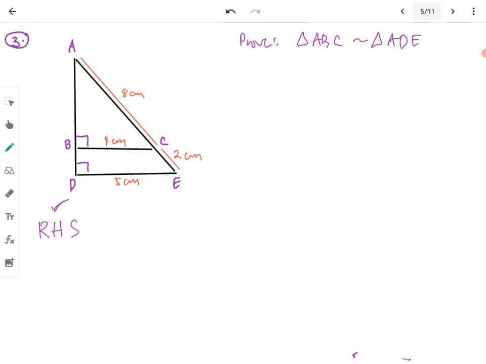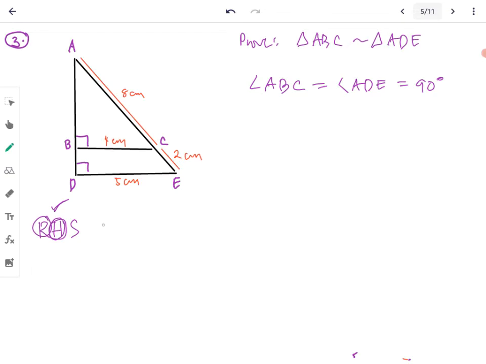So let's first show that there is a pair of right triangles. Of course, angle ABC is equal to angle ADE. They are right angles. That's number one. Next, we need to satisfy the ratio of the hypotenuse.